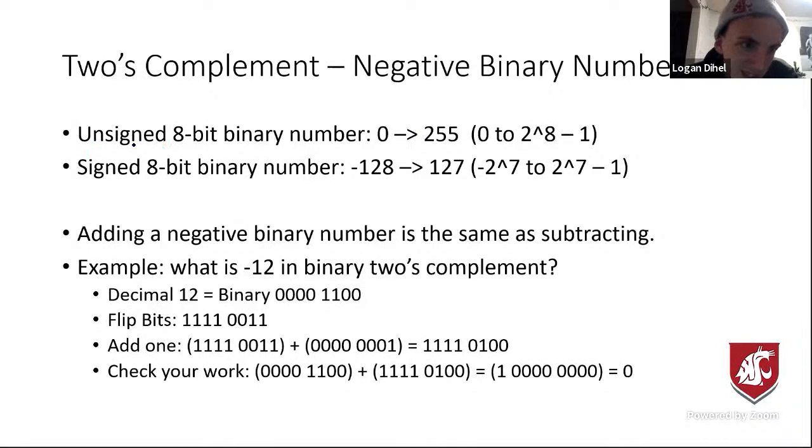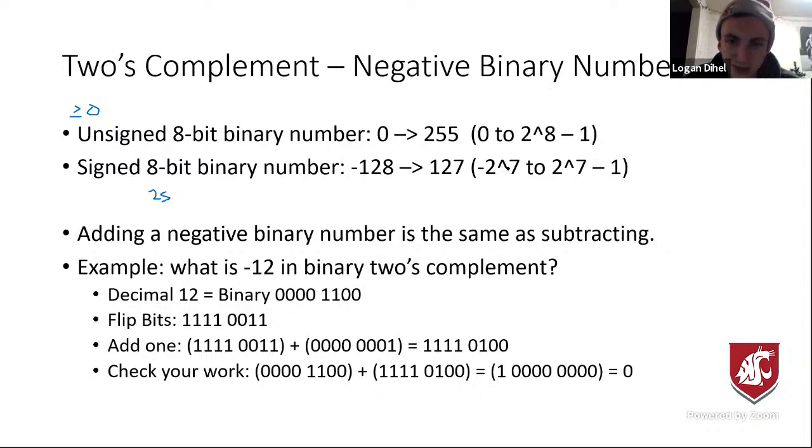Unsigned just means that it's always positive, so greater than or equal to 0. That's great, but if we want to represent negative numbers, we don't have a way to do that. So we use signed binary numbers, also called 2's complement numbers, and they give us a range of negative 128 to 127.